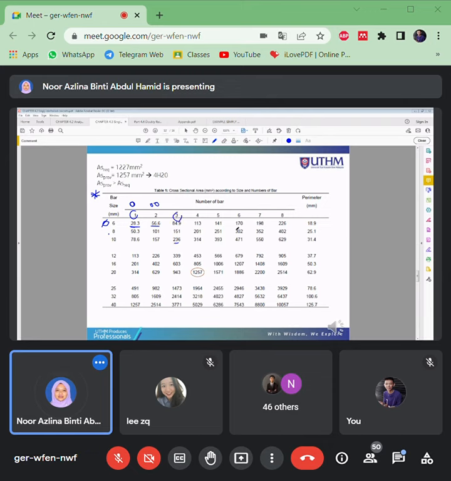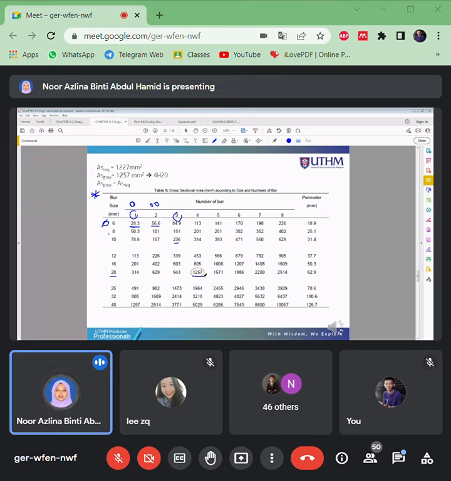So with the area that you got earlier, 1227, you just find out which area is close to that AS required. So in this case, it gives a suggestion of 4 bars with a diameter of 20, which is 1257, which is nearest to 1227.